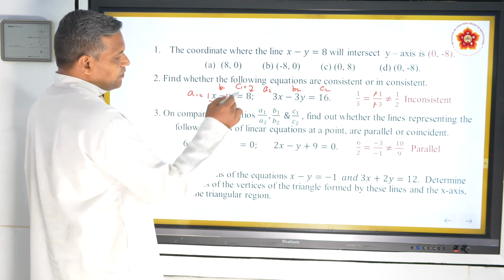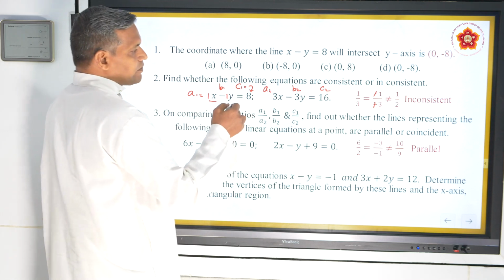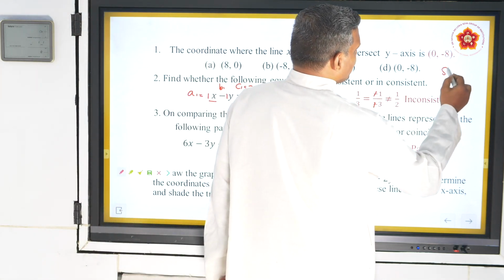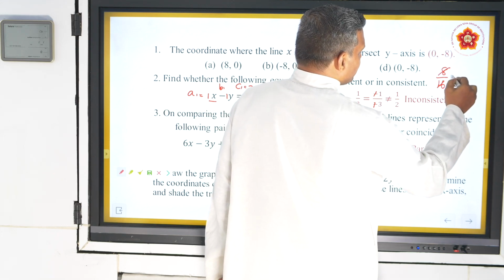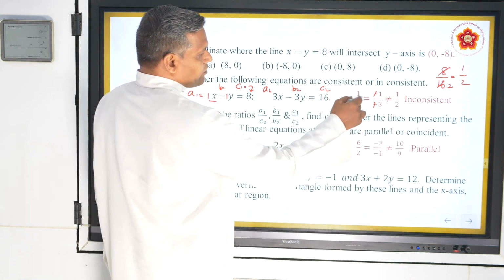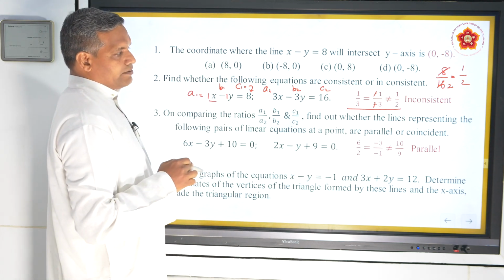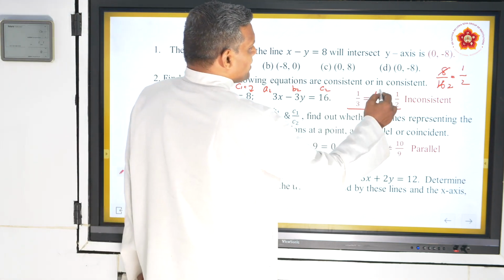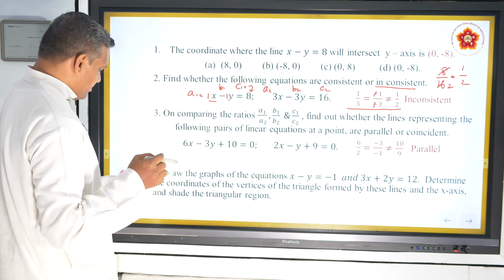And c1 by c2, if you look into it, is minus 8 by minus 16; if you transpose, in either case minus minus cancels, you will get 8 over 16. What is 8 over 16? 8 ones are 8, 8 twos are 16, that is equal to 1 by 2. So now if you observe, 1 by 3 is equal to 1 by 3 but not equal to 1 by 2. Guess what is the condition? Correct, it is inconsistent. Given set of equations are inconsistent.